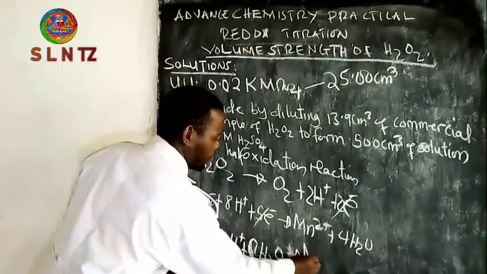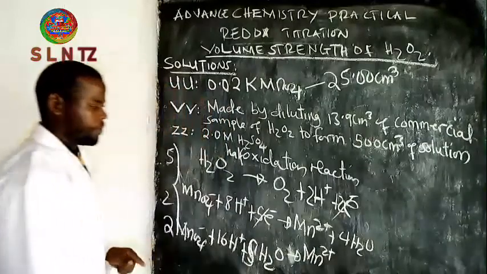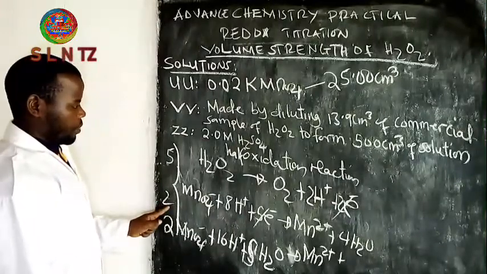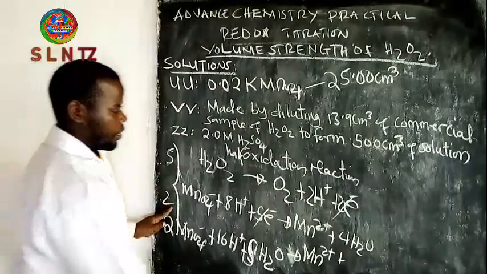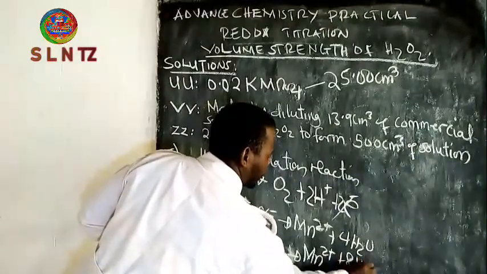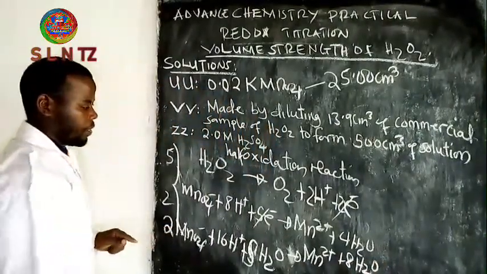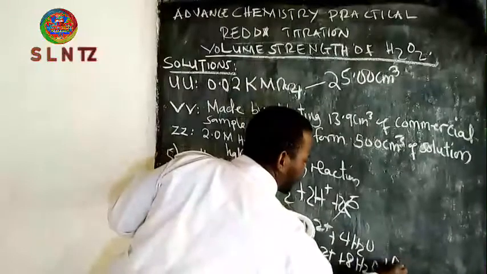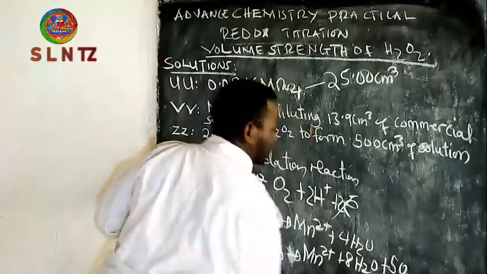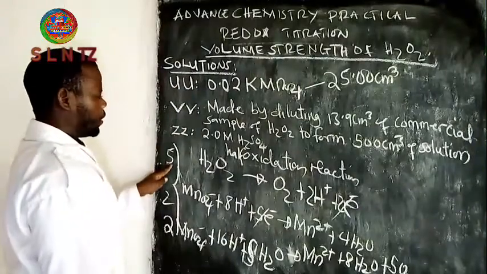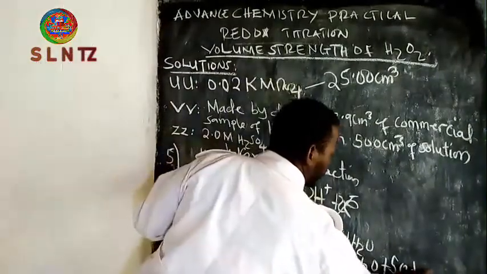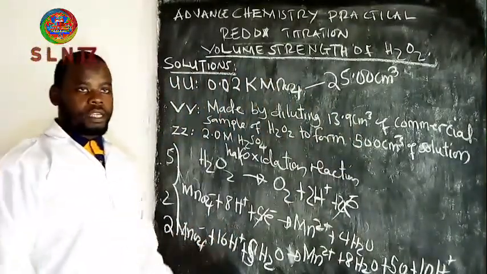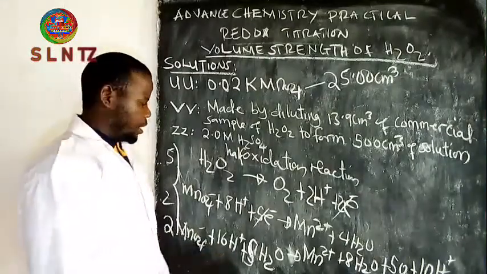This and this one will be 2 Mn2 plus plus 8 water plus 5 oxygen and 10 hydrogen ions. So this is the overall reaction already calculated.